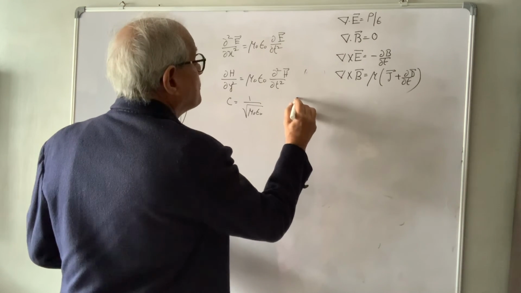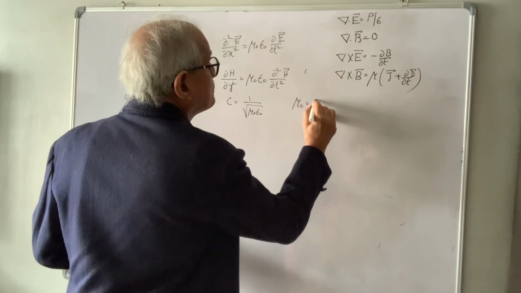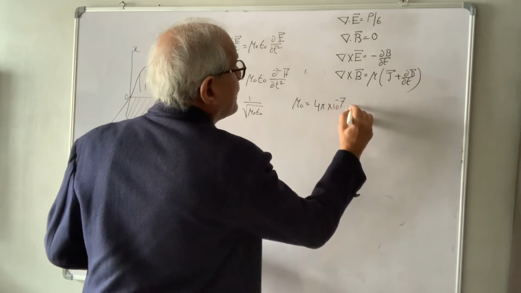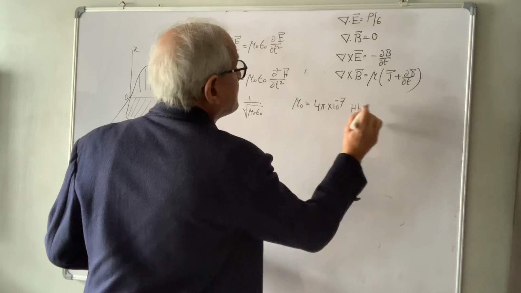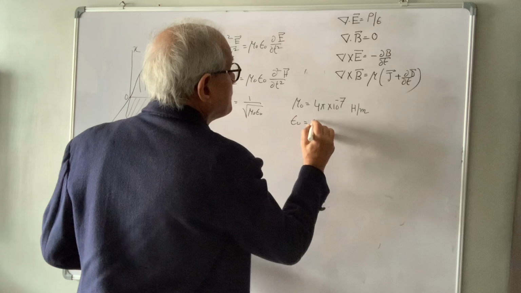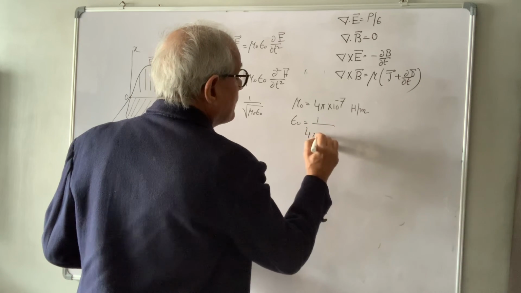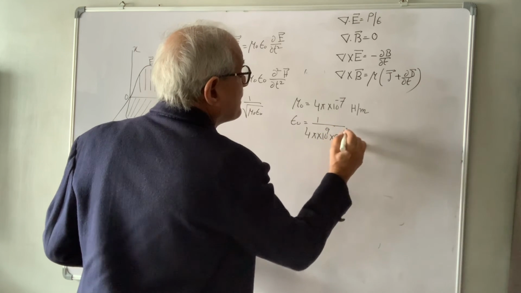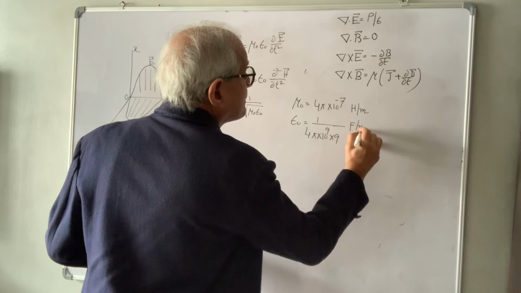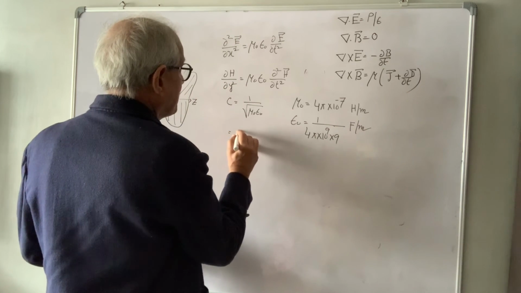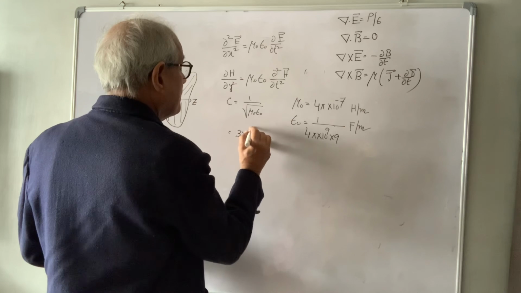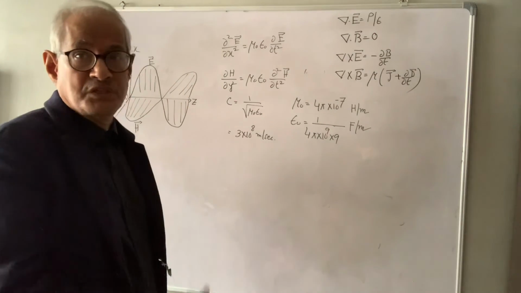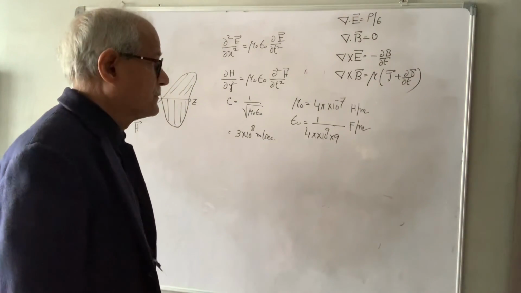If we put the value of mu 0 and epsilon 0, that is mu 0 is equal to 4 pi into 10 to the power minus 7 henry per meter, and epsilon 0 is 1 by 4 pi into 10 to the power 9 into 9 farad per meter. And if we put this value, we get 3 into 10 to the power 8 meter per second. This is the speed of light in free space.